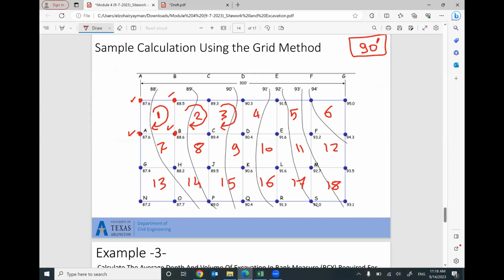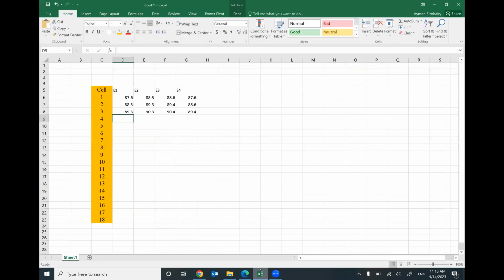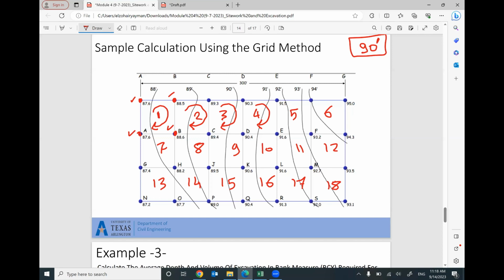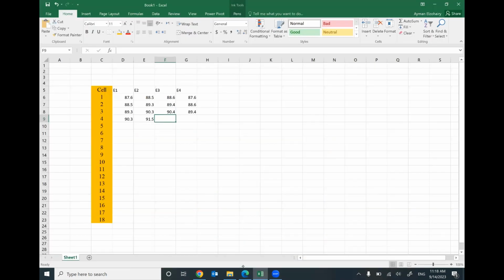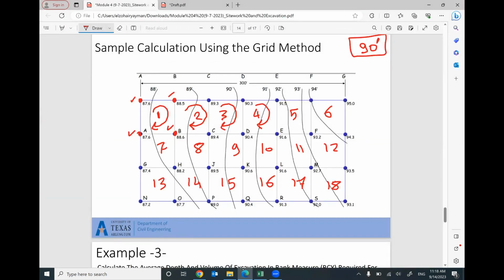For cell number 4, 90.3, 91.5, 90.3, 91.5, 91.6, 91.6 and 90.4, I think. 90.4, yes. And we should do the same for all of the cells.